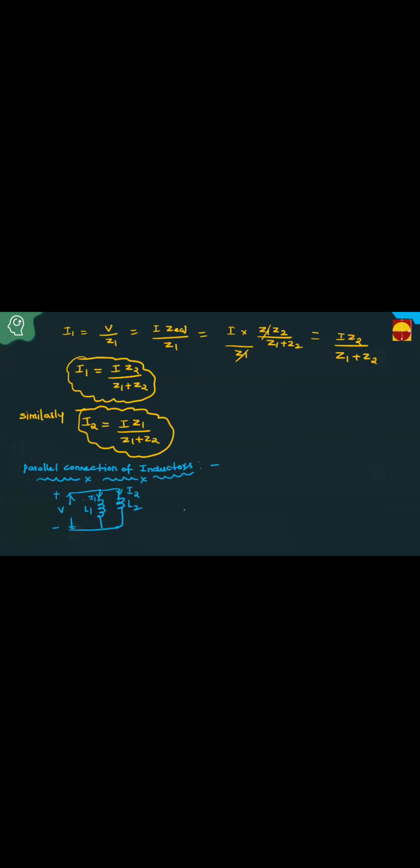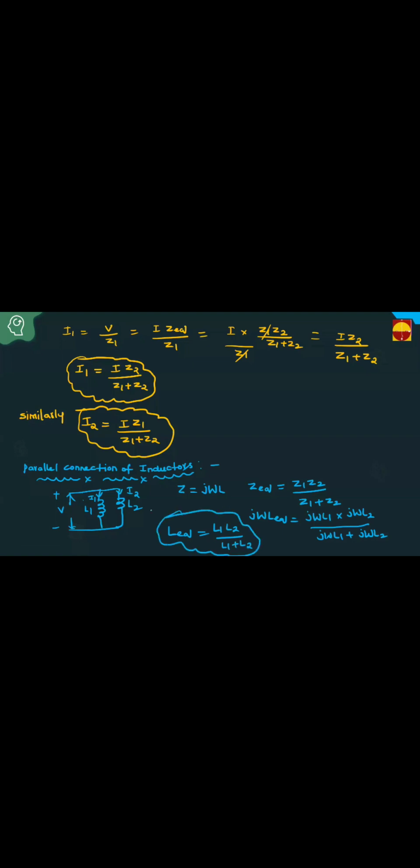If inductors are in parallel, we know that Z equals j omega L. Then what is the Z equivalent? Z equivalent equals Z1 Z2 by Z1 plus Z2. Then j omega Leq equals j omega L1 into j omega L2 by j omega L1 plus j omega L2. By simplifying, Leq equals L1 L2 by L1 plus L2, similar to resistors.